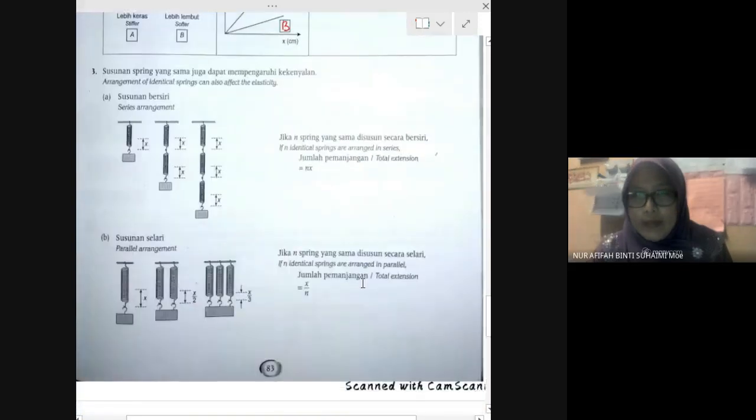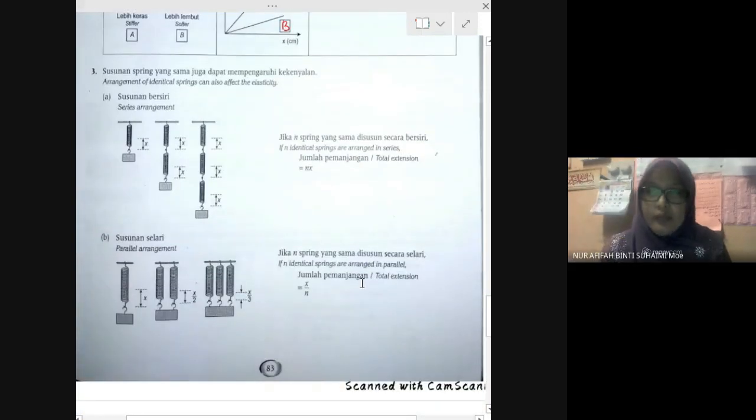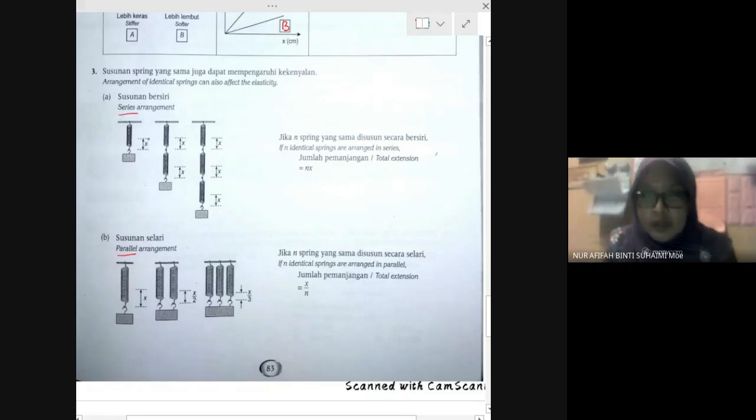Okay, now this one, spring arrangement. We have two types of spring arrangement, in series and parallel. Ini pun saya dah explain. So for series, dia punya total extension we must times with how many springs used. So this one X, this one becomes 2X. So this is 3X. Dia punya value of X sama.